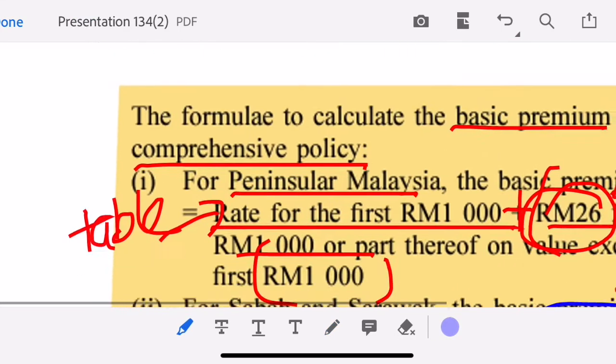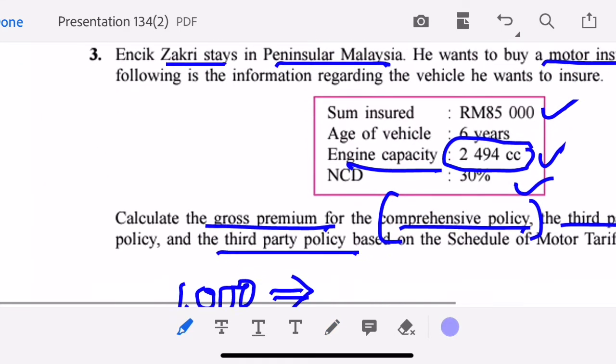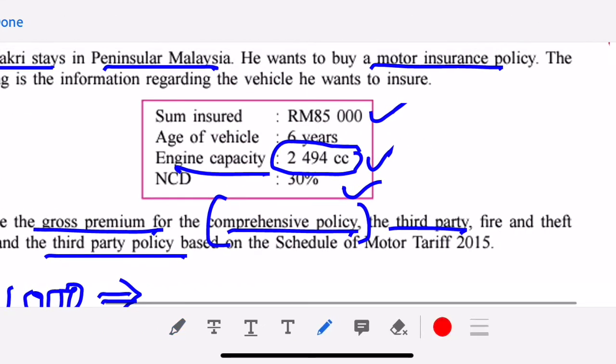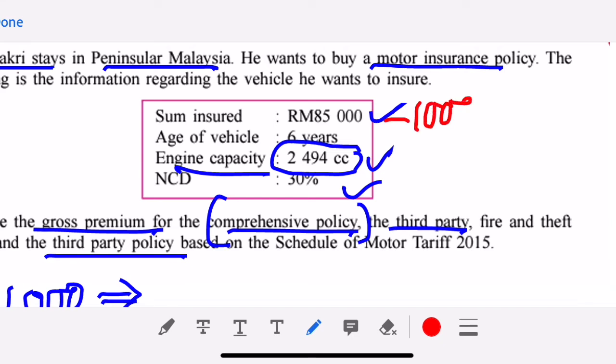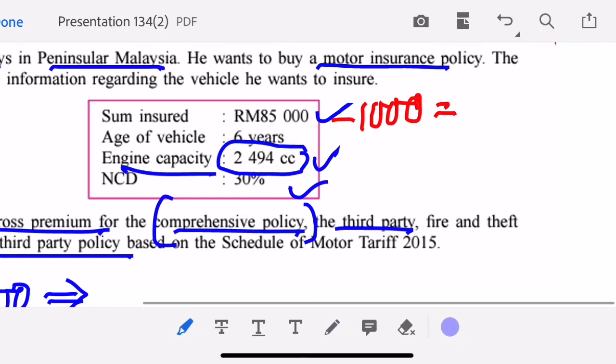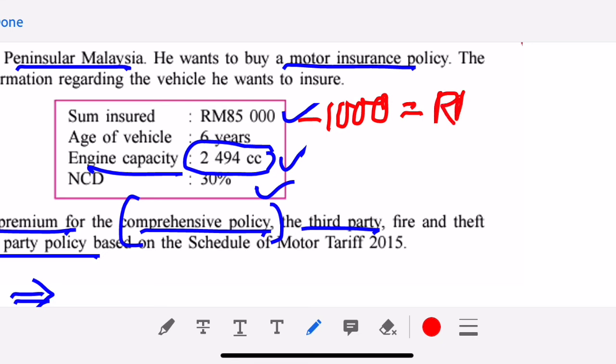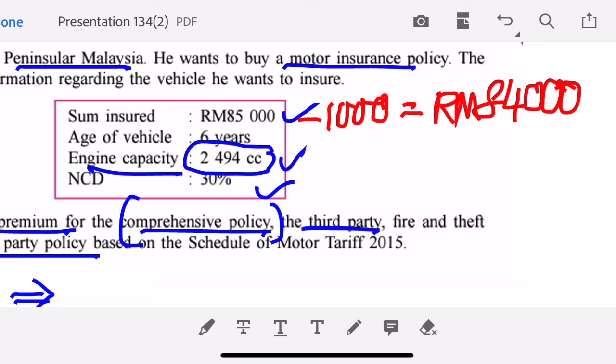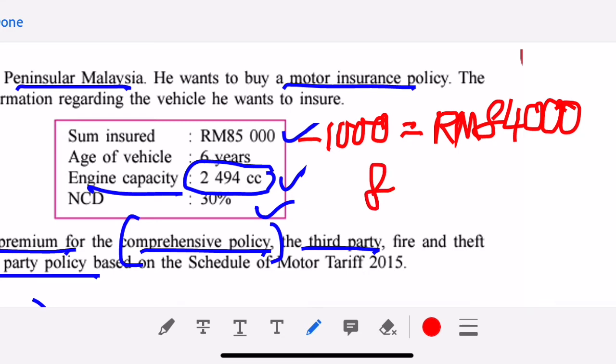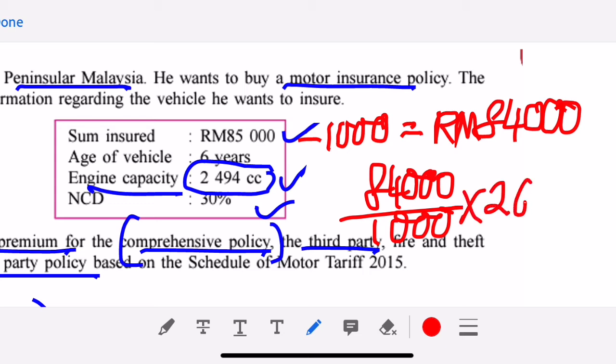Then for the balance, we have 85,000, so minus out 1,000. The remaining is 84,000. For this 84,000, because it's in Peninsular Malaysia, Encik Bakri has to pay 84,000 per 1,000 times 26 ringgit, right?